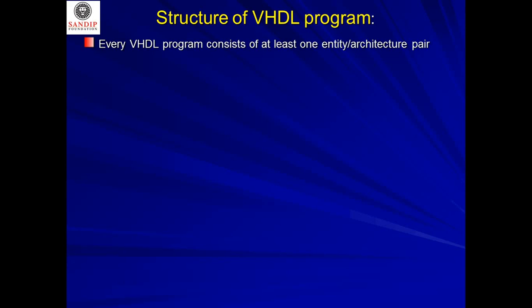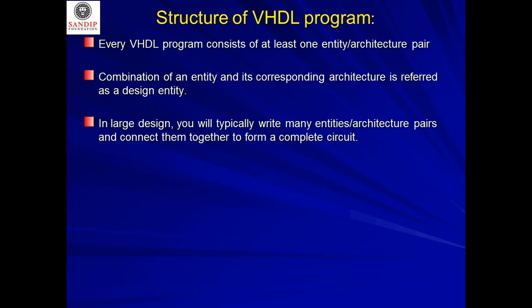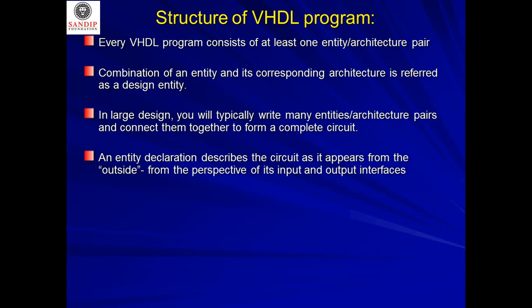Now let's discuss the structure of the VHDL program. Every VHDL program consists of at least one entity architecture pair. Combination of entity and its corresponding architecture is referred to as a design entity. In a large design, you will typically write many entity or architecture pairs and connect them together to form the complete circuit.